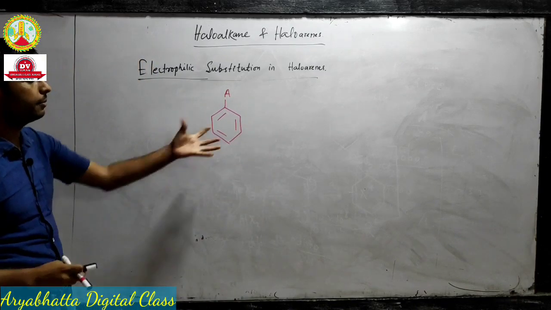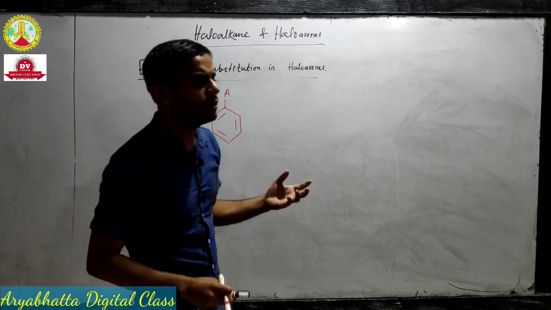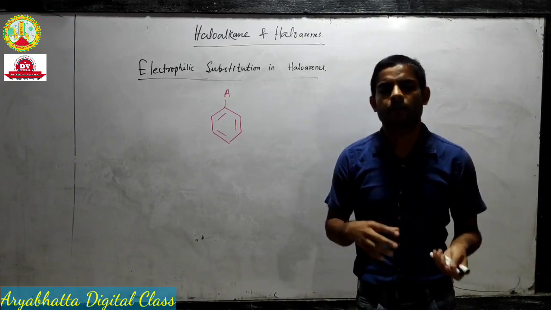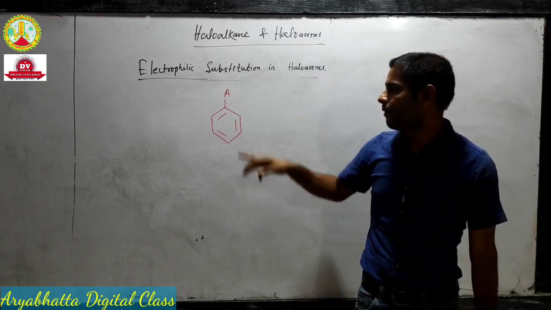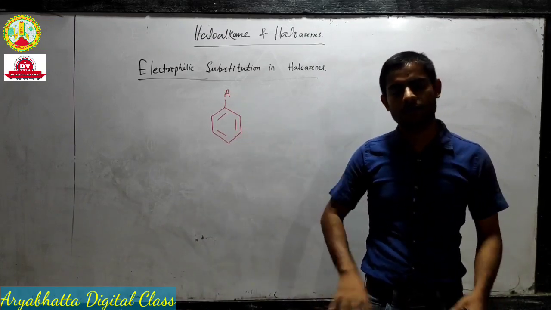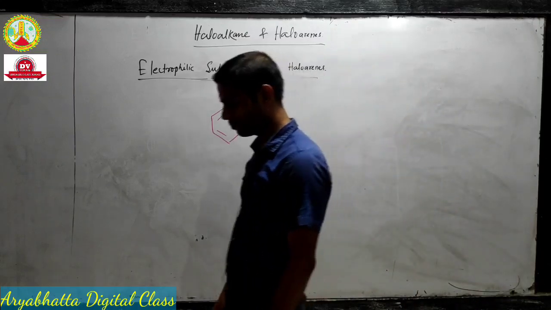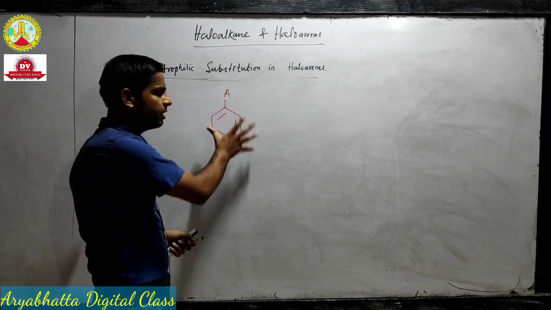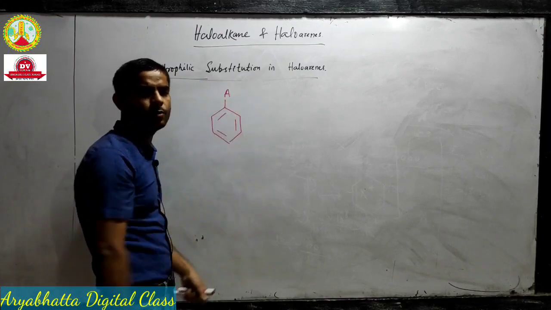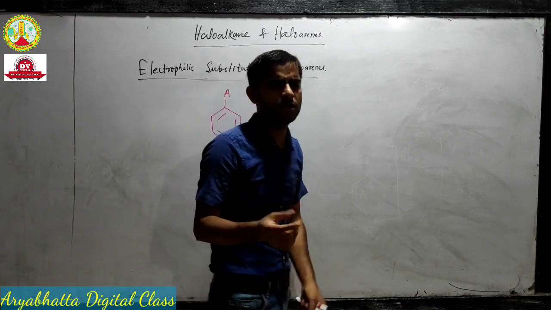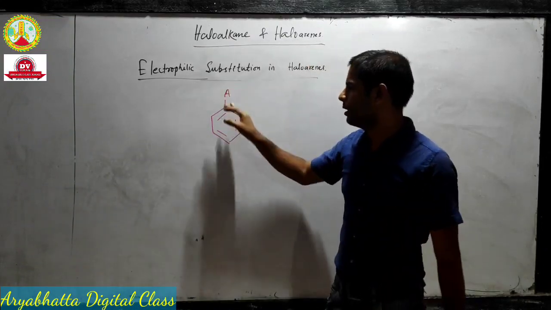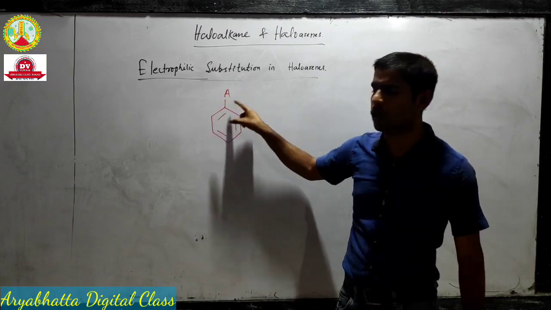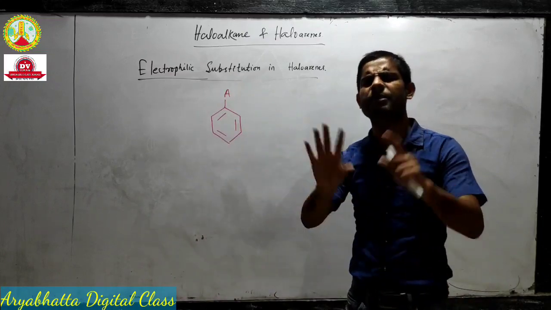Before the reaction, when we try substituting an electrophile onto the benzene ring, the ring may already have a substituent. When nothing was attached to the benzene ring, we had no issues. We directly attached the electrophile anywhere we wanted. But now, since one position is occupied by a group, A is arbitrary.